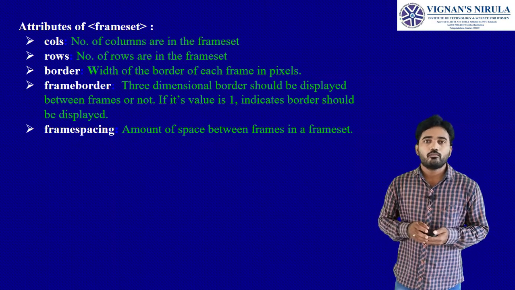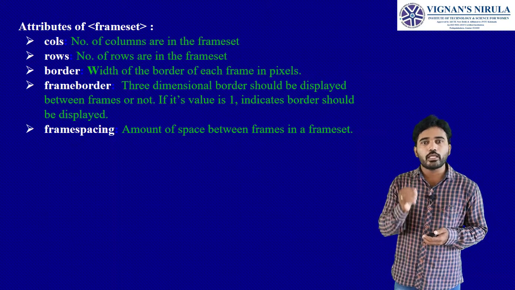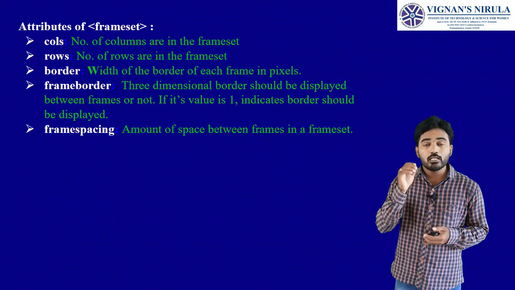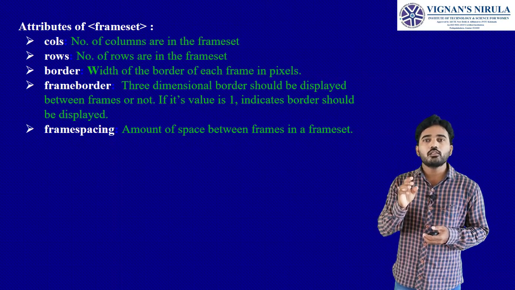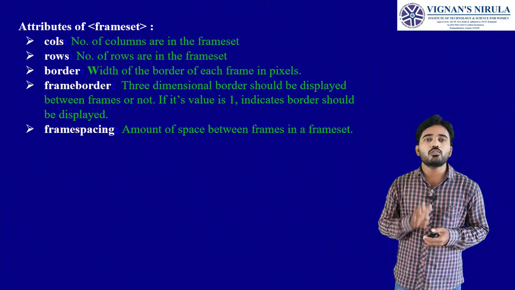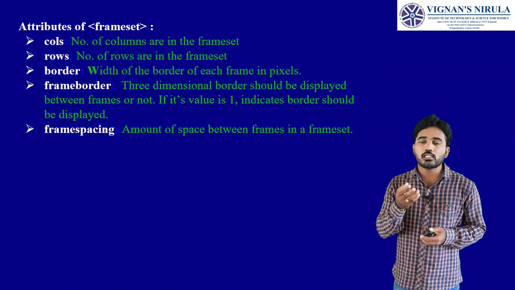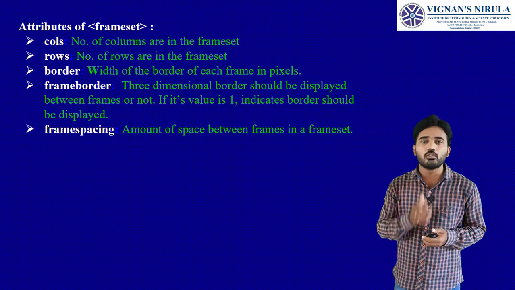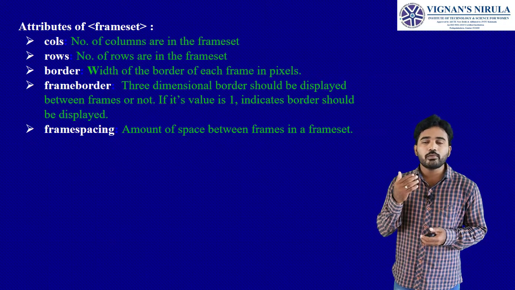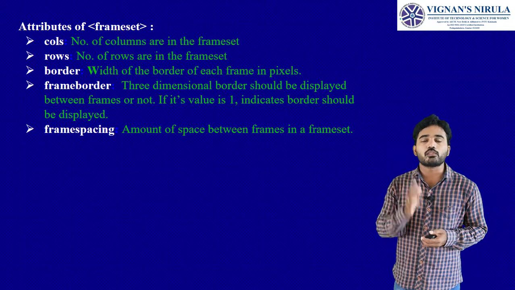Frameborder says whether a 3-dimensional border should be displayed between the frames or not. If its value is 1, it indicates a border should be used. If its value is 0, there is no border. Then framespacing is like the cellspacing attribute in the table tag. It specifies the amount of space between the frames in a frameset.